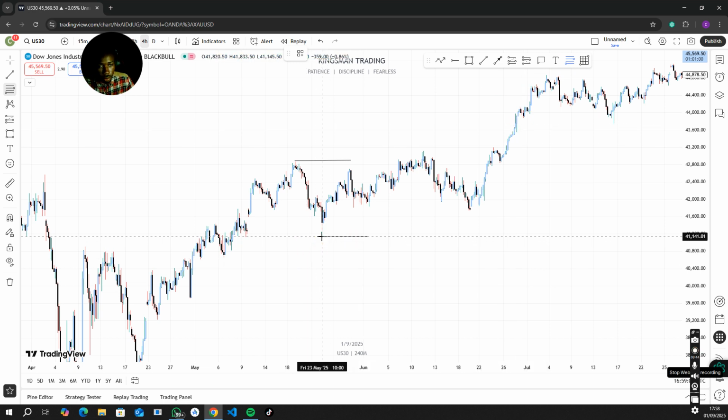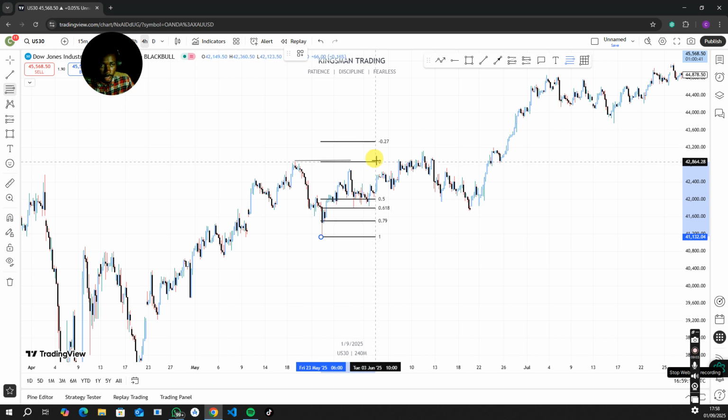Remember, you're trying to draw it out on an uptrend, you point it out from the swing low to the swing high. From the swing low, you're going to see that the starting digit is 1, and then your swing high, which is this point here, is going to be 0. Don't forget, remember, this minus 0.27 is our expansion level or our target level.